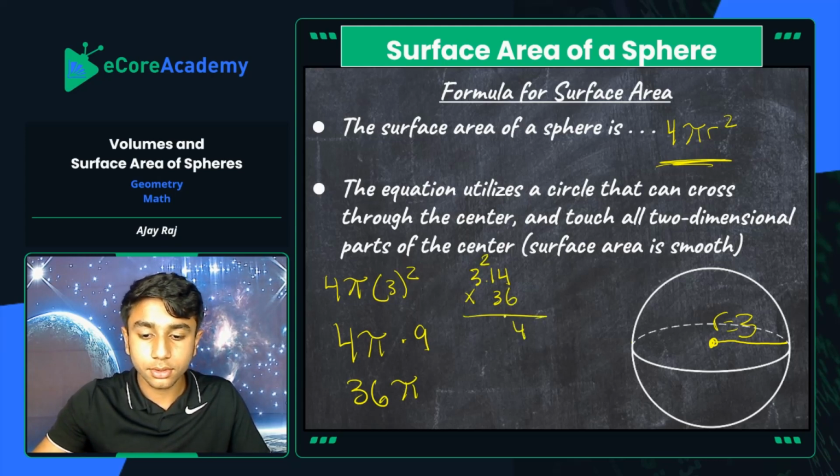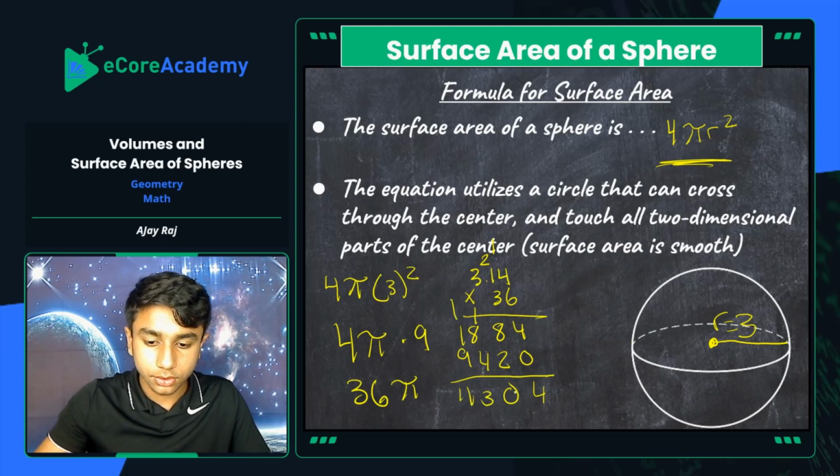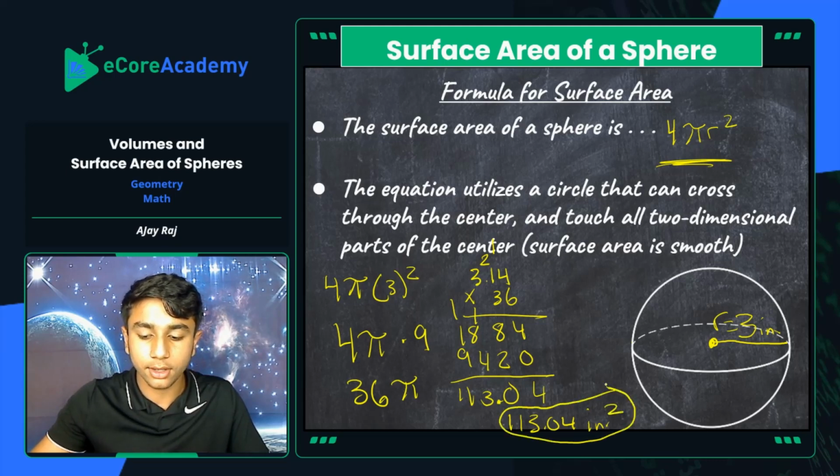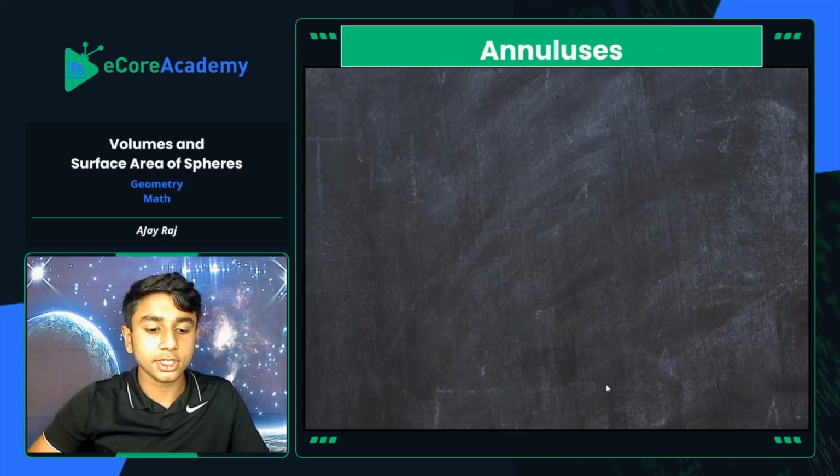So it's going to be 113.04, let's say inches in this case. Inches. And that's going to be inches squared, but if you're looking at volume, that'll be inches cubed because this is area. All right, now let's look at this bonus topic that I have here.